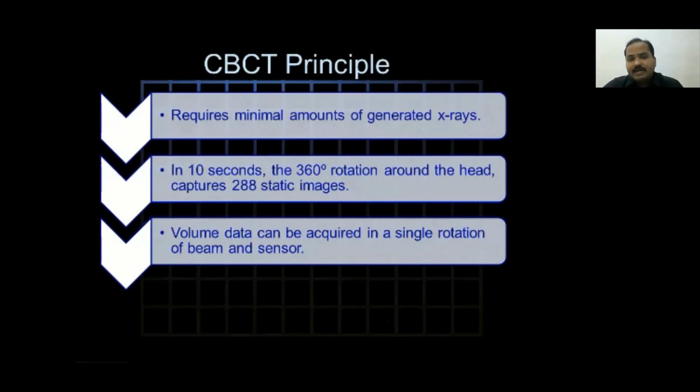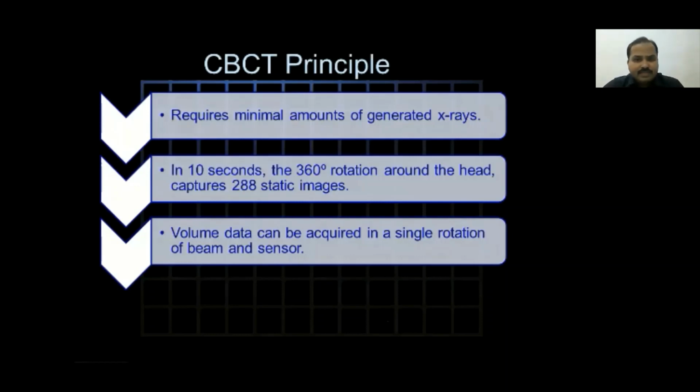It is seen that in 10 seconds, a 360-degree rotation of the machine around the head will capture around 288 static images. That means we have acquired enough data for reconstruction. So this volume data can be acquired in a single rotation of the beam and sensor.